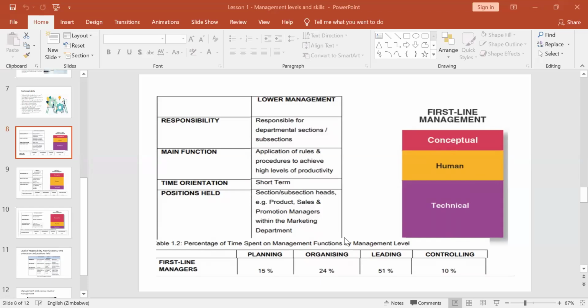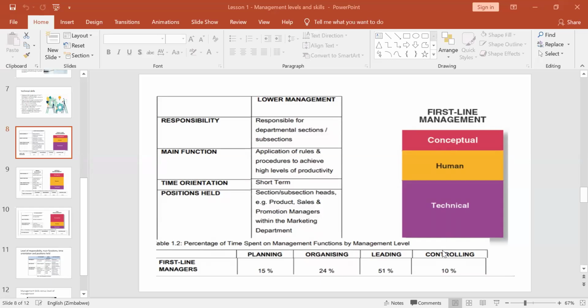Then in terms of planning, organizing, leading, and controlling, we saw this question a number of times on the KCQs last semester, where they were asking which skill a first line manager needs more than the others. So for first line managers, we have leading there, we have organizing, we have a bit of planning and controlling, but not as much.